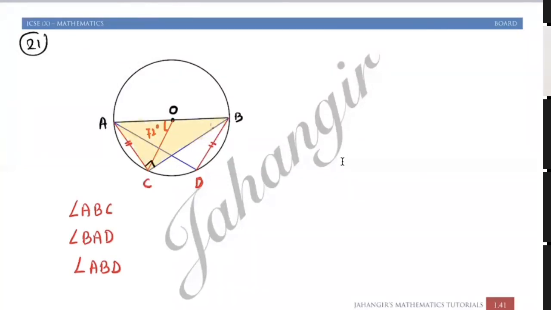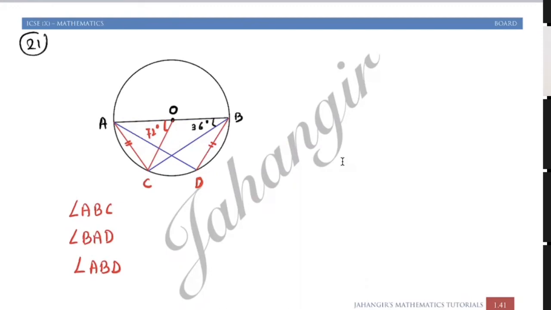Or else don't take this; you can take angle at the center is twice on the circumference. You can do it two ways. First shade the triangle with 90 and then do it if you want. Otherwise this is the best way to do.